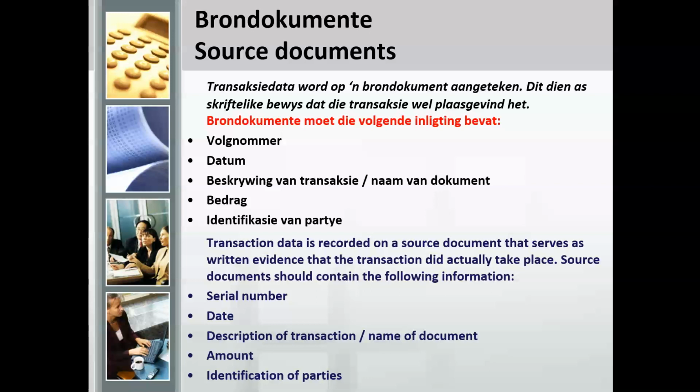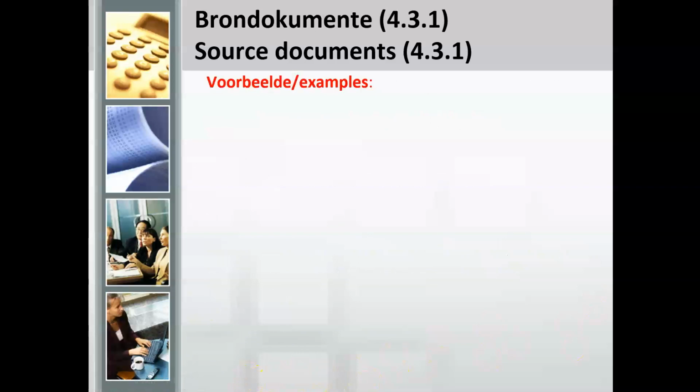Then it means that we have bought some merchandise from somebody, and that is why we sit with the original credit invoice. So the credit invoice is an indication that there was a credit purchase transaction. Obviously, the amount of the transaction must be recorded there, and then the parties who have entered into this transaction must also be there. So identification of the parties.